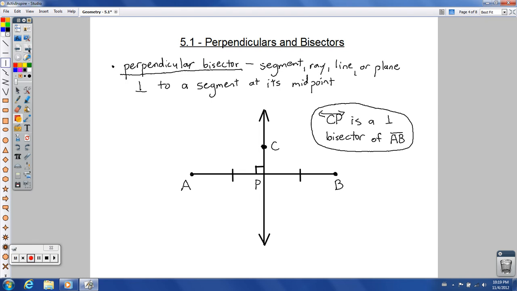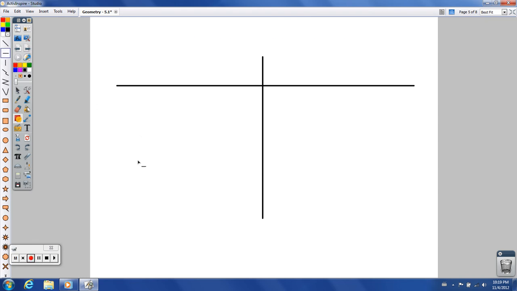I'm going to start with a segment. Then I'm going to draw a line that splits that in half. I'll put arrows on that so we know it's a line.